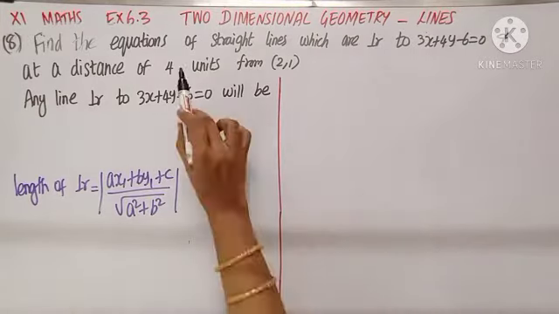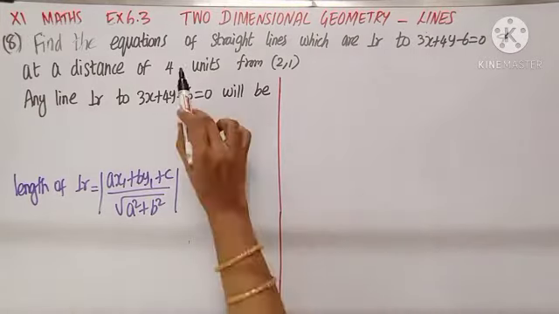Any line perpendicular to 3x + 4y - 6 = 0 will be: interchange x and y coefficients, I get 4x 3y. Plus for y tells me change it as minus, also k. Call it as number 1. Given, what is the distance? Perpendicular distance. From which point?